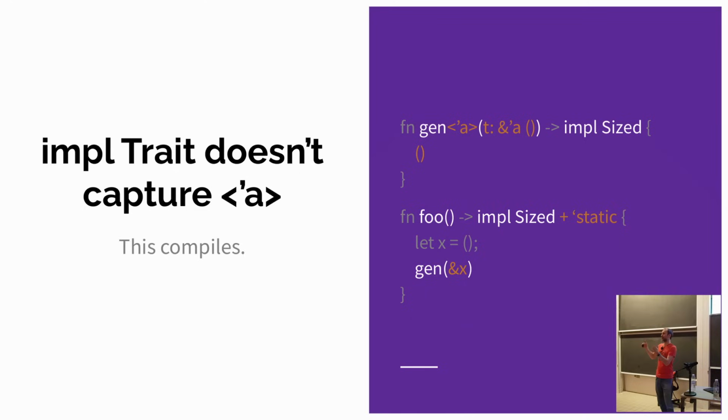And it doesn't say, so therefore it doesn't capture anything, so therefore it's static. But when I say impl-sized plus tick static, again, it works because the lifetimes are equal. This is promising that it lives for at least as long as static, which happens to be true because longer than static is static.